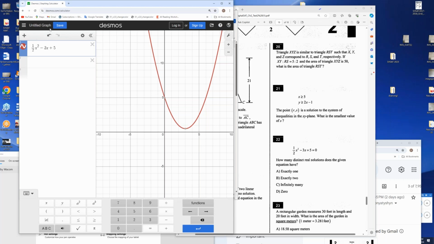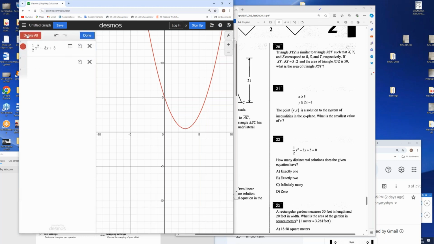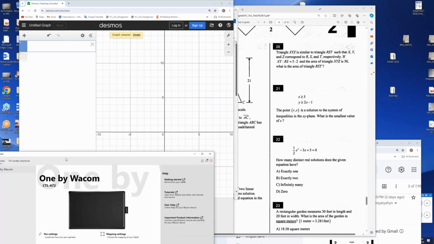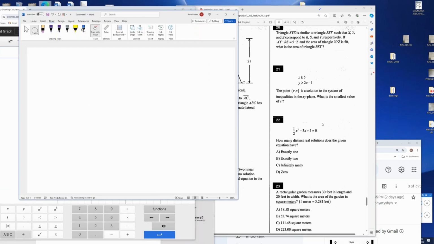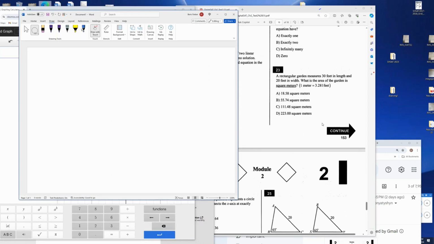Some students made a mistake, and 23. Let's do 23 with you. What do we have in 23? You have a rectangular garden.